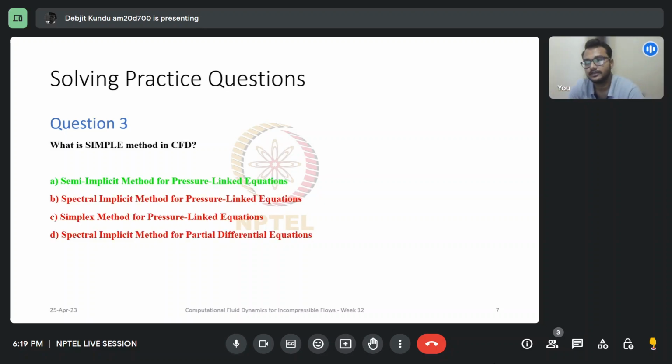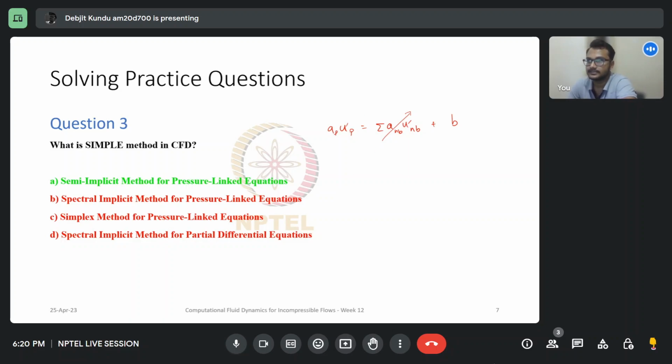It is option A, semi-implicit method for pressure-linked equations. Very simple. So basically, what happens is one of the momentum equations becomes something like this. I have something like A_P U_P equal to summation of A_nb U_nb plus some source term. In that case, this is actually dropped down to zero, and these are corrections, not the exact velocities, or rather the velocity corrections.